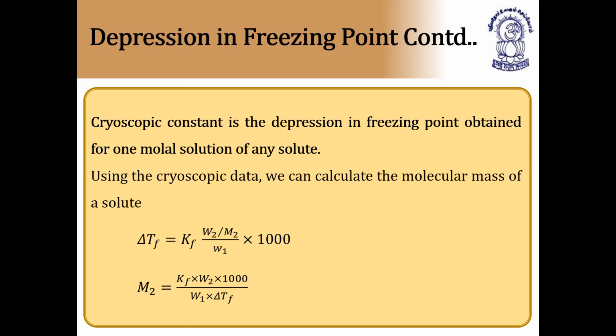In elevation of boiling point as well as depression of freezing point, the molecular weight of solvent is not required. Whereas in relative lowering of vapor pressure, we require the molecular weight of solvent also. But here we require only the weight of solvent.